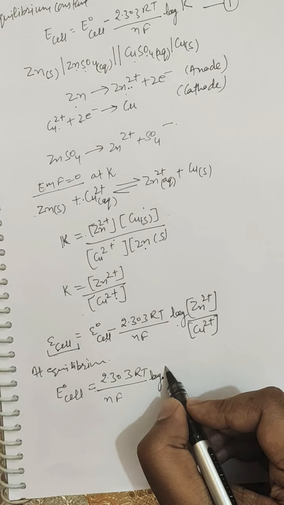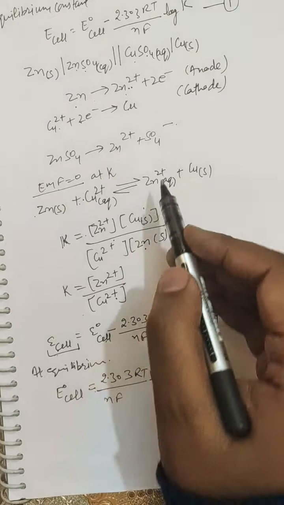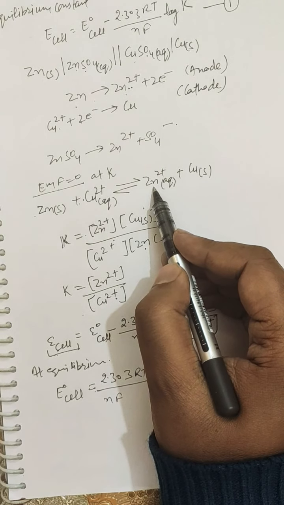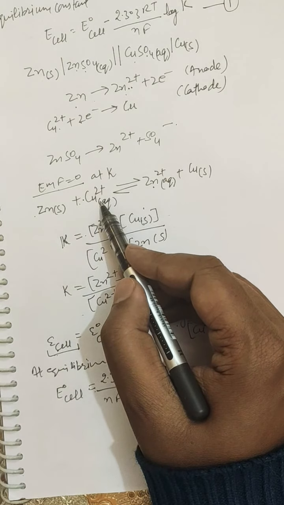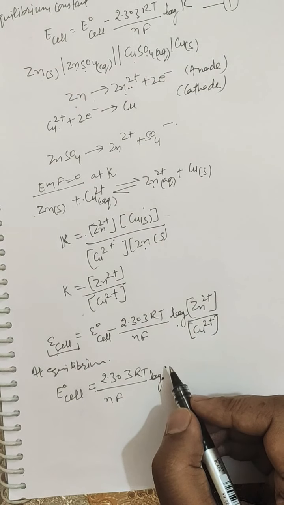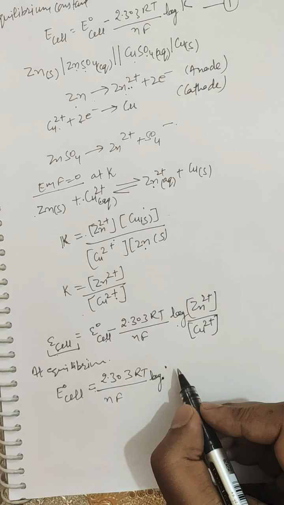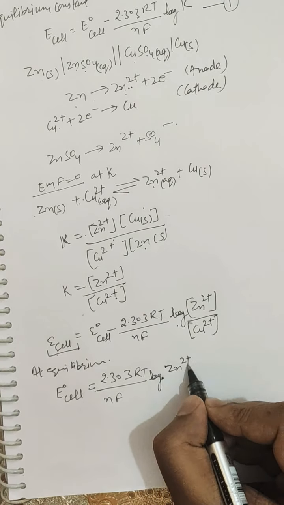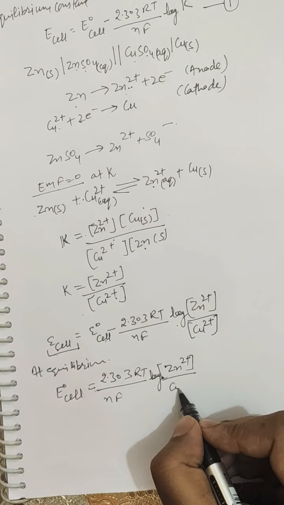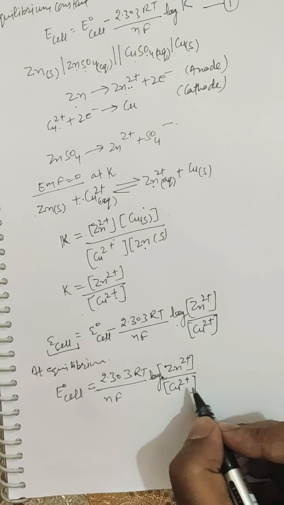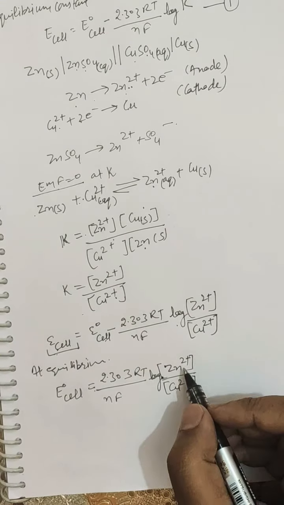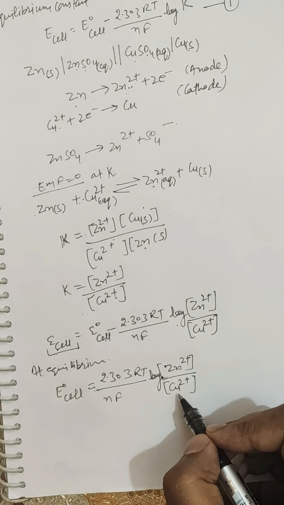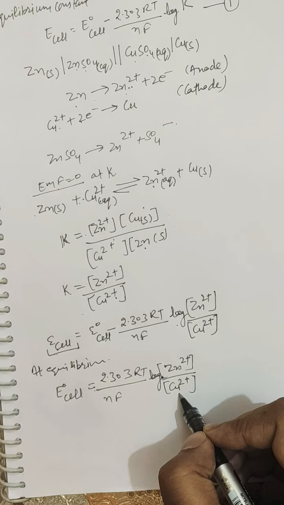So what is Zn²⁺? It is the product, and Cu²⁺ is the reactant in their oxidized form. So you can remember it as product in the oxidized form divided by reactant in the oxidized form.